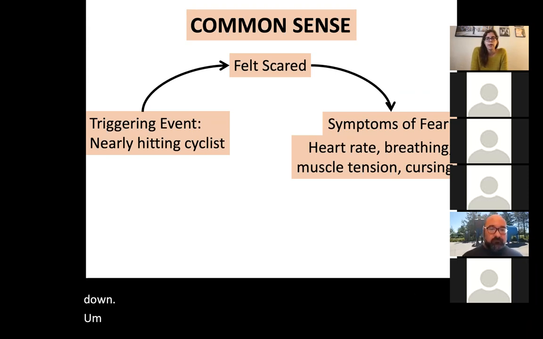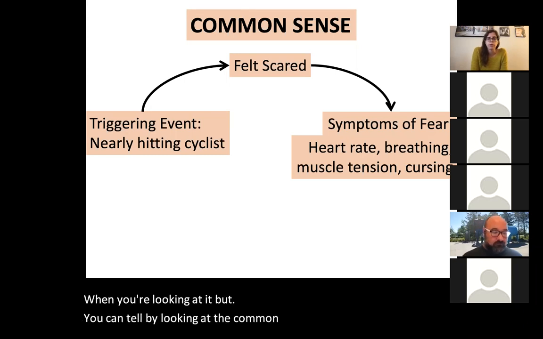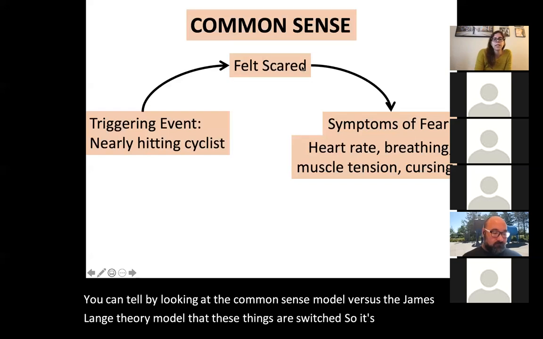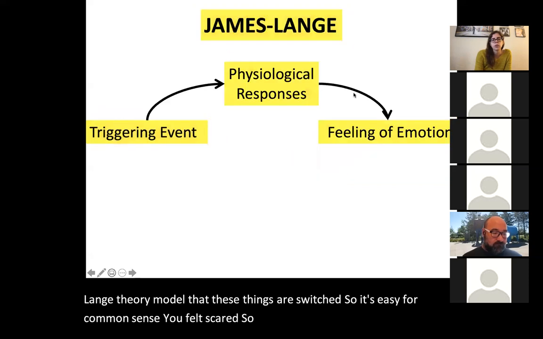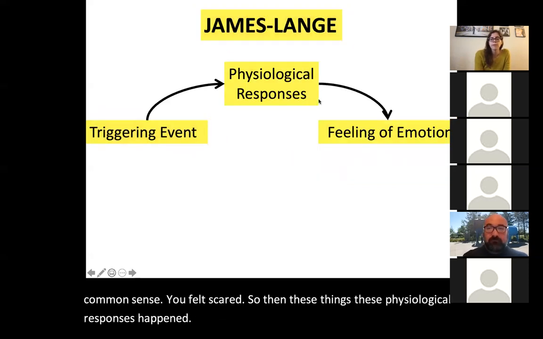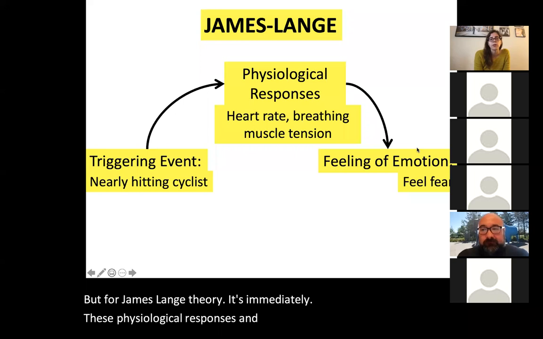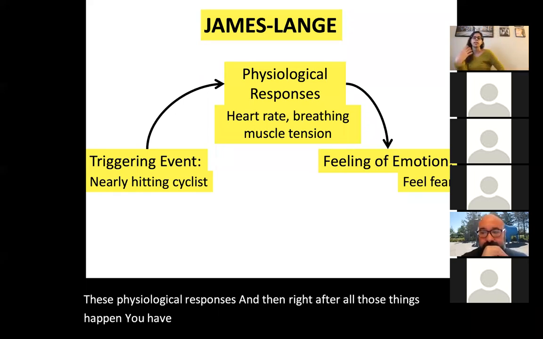You can tell by looking at the common sense model versus the James-Lange theory model that these things are switched. For common sense, you felt scared, so then these physiological responses happened. But for James-Lange theory, the physiological responses happen immediately, and right after that you have this feeling of fear because of these physiological responses.